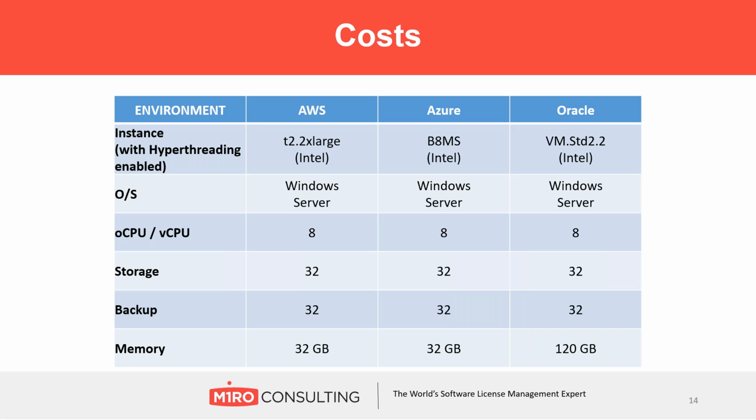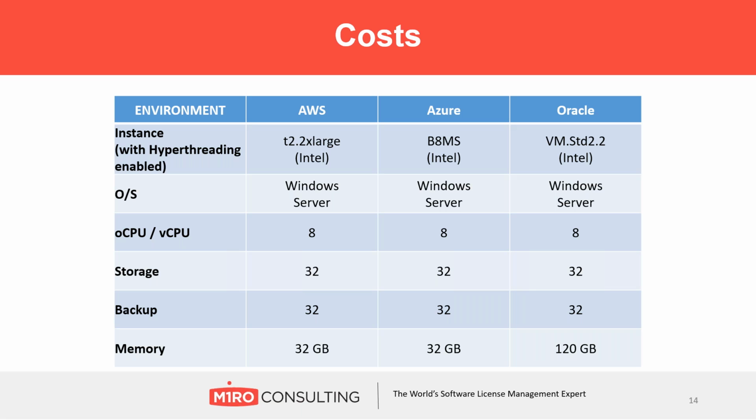Now, these particular shapes are not intended to inform your own requirements, but rather they are representative of one another. In other words, there's a common denominator associated with them for this illustration. I want to point out on the very last line, under memory, you can see that the Oracle shape has much more memory as a standard.